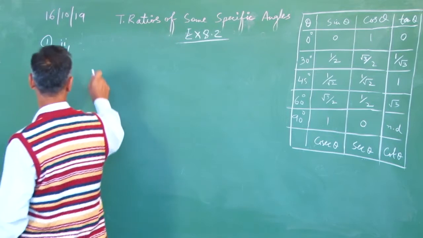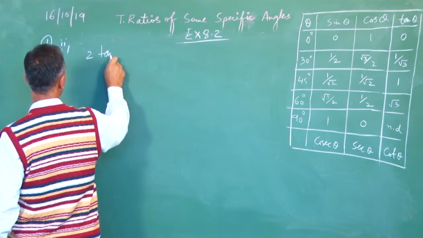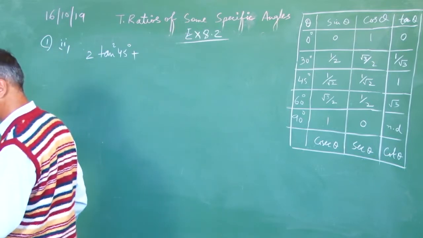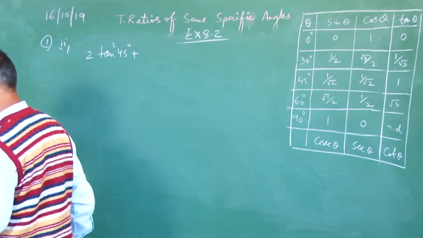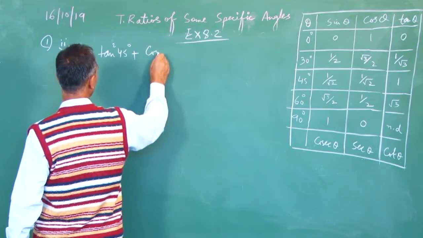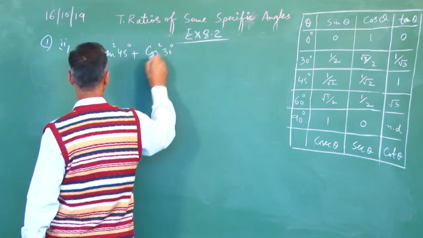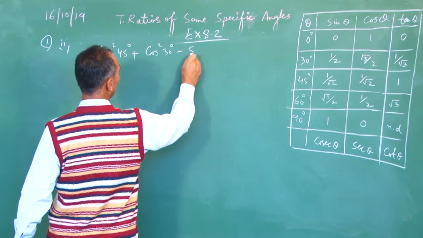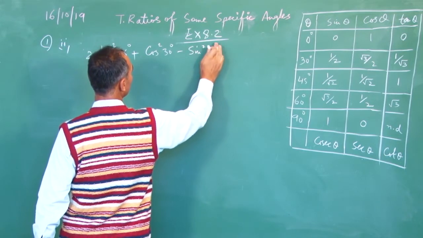Twice tan square 45, plus cos square 30 degrees, and minus sin square 60.